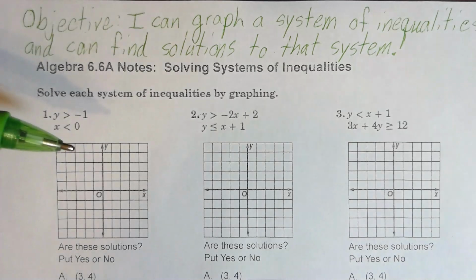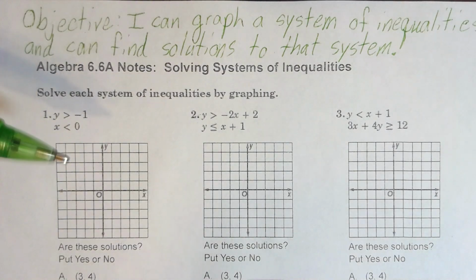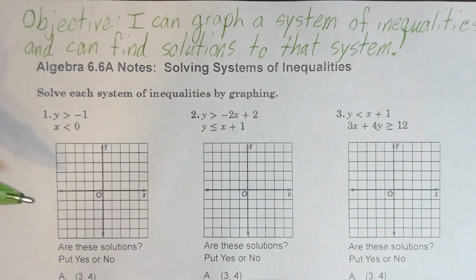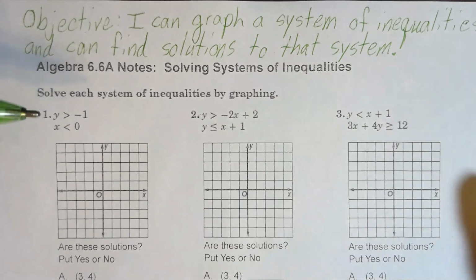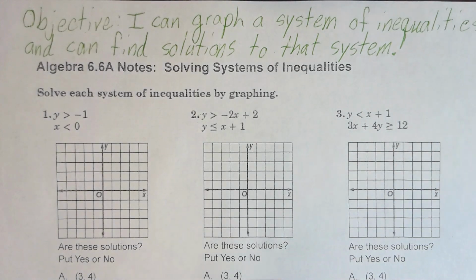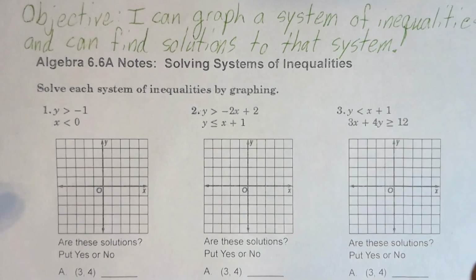Now we're basically going to cut that half plane into another section, and we're going to have to pick out of 4 sections which section our solution is in. I'm going to try to be really systematic about that, and hopefully we have a good understanding of that by the time we're done with this lesson.